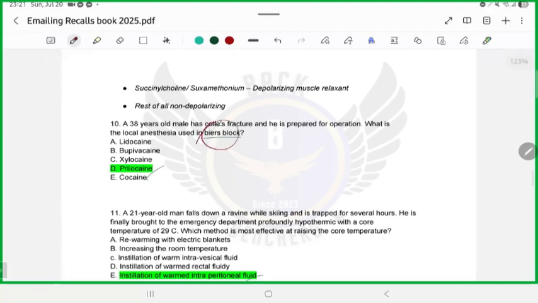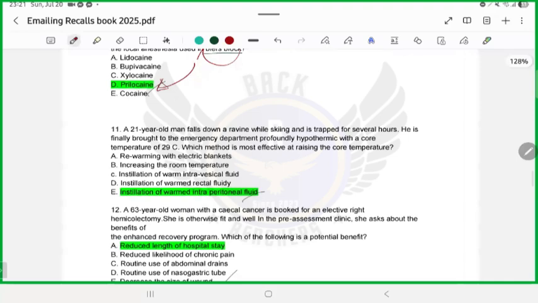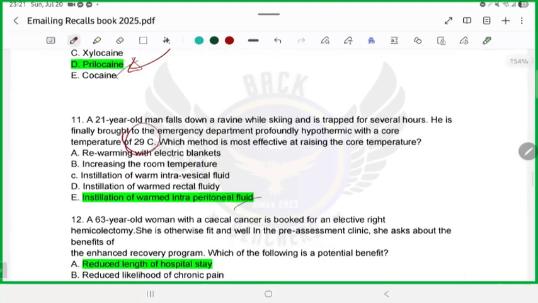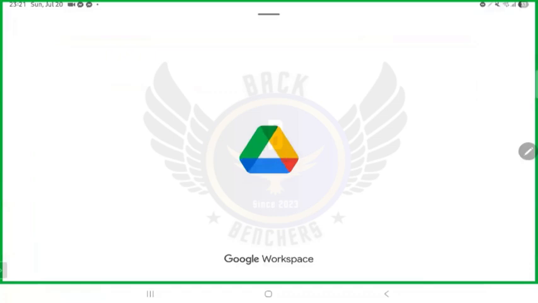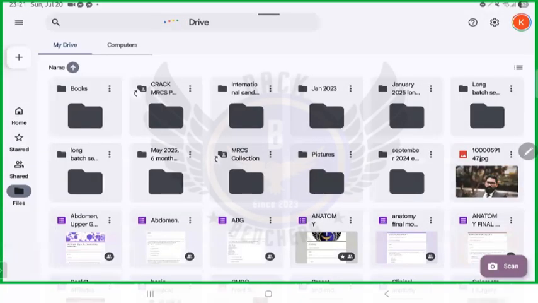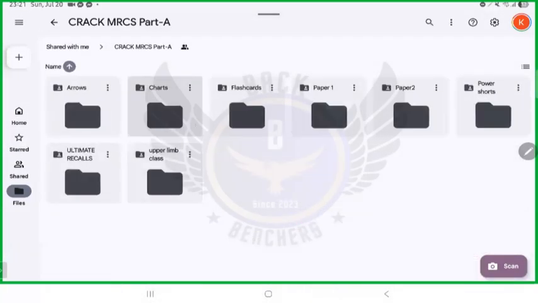A 38-year-old man, prelocaine, just from my notes. Hypothermia, just see my chart of hypothermia. We have a beautiful chart of hypothermia, guys.